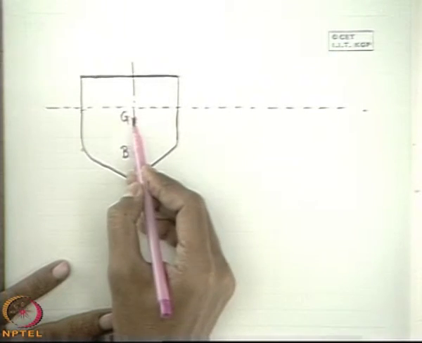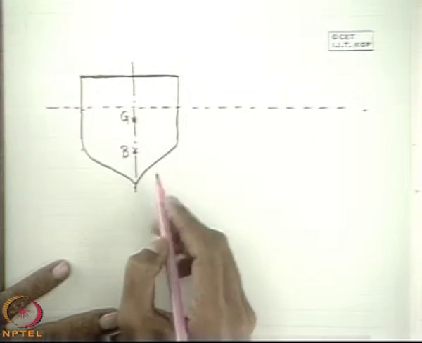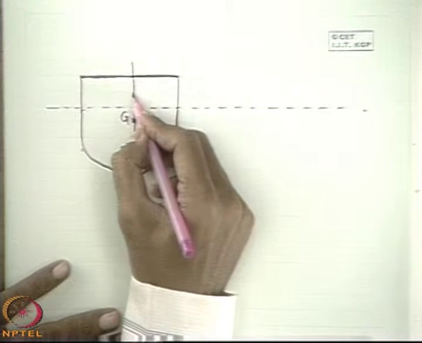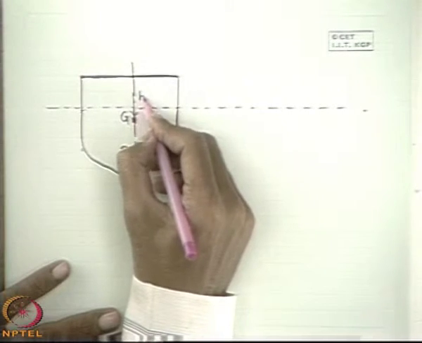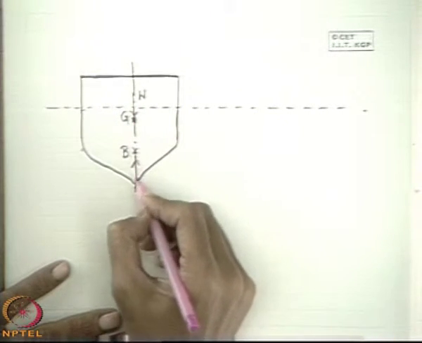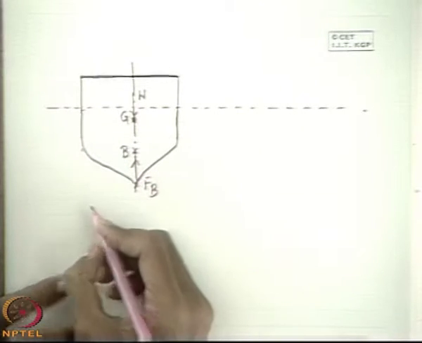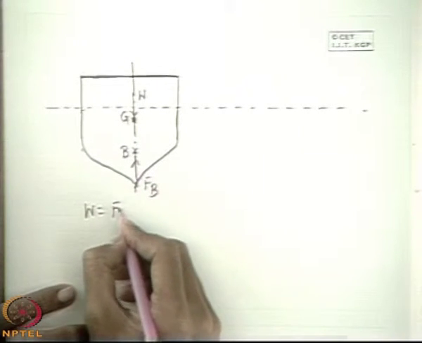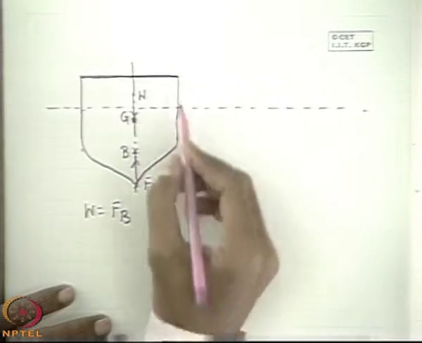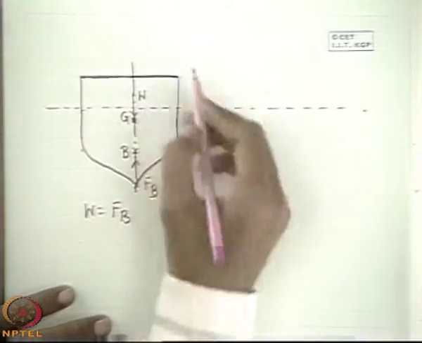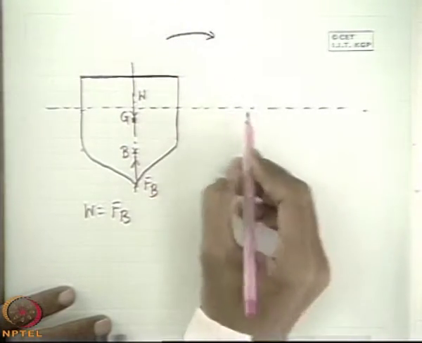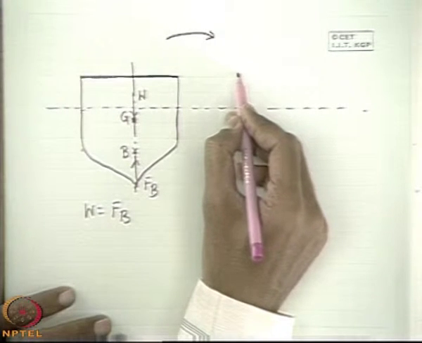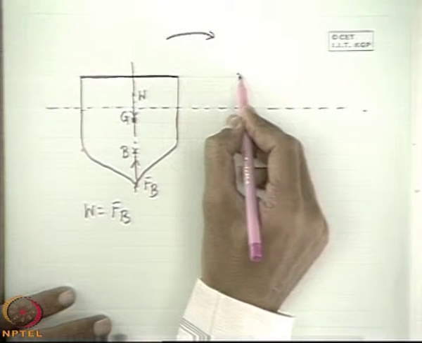Now the center of buoyancy is the center of this volume, and we consider the center of gravity is above B. One thing is true, that the weight and the buoyancy force always balance each other. W is equal to A. Now in this case what happens, what I have told just now, you see that if you give a small tilt in this direction, and let me draw the figure like this.